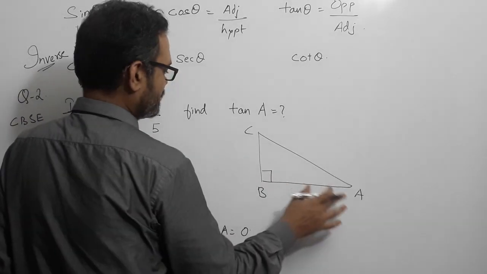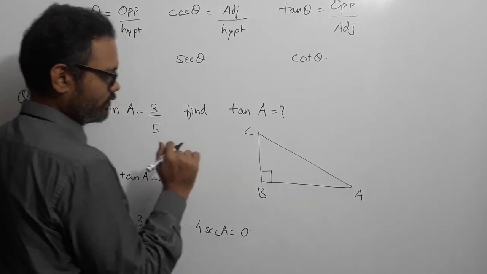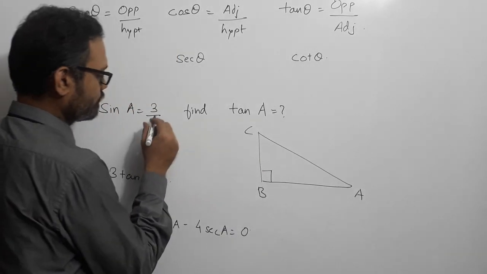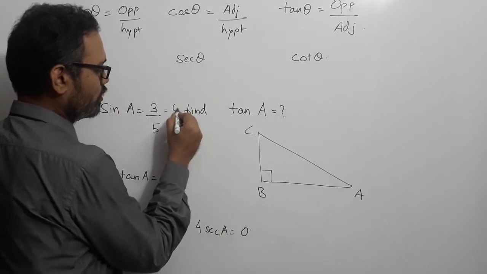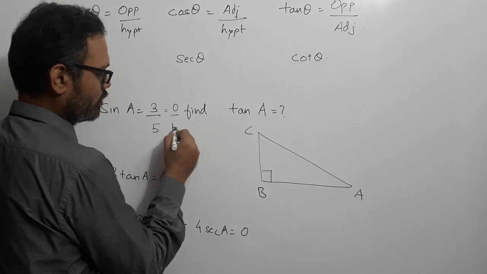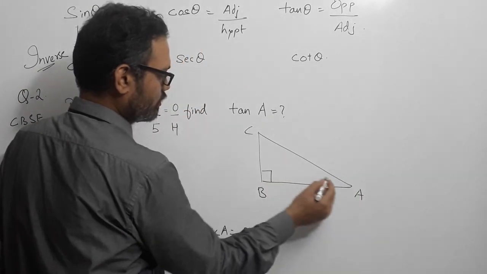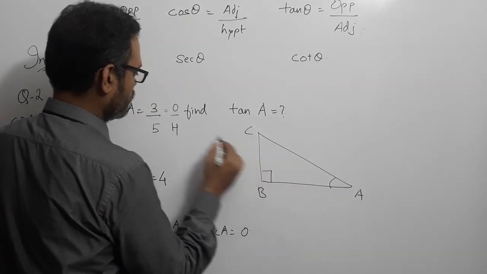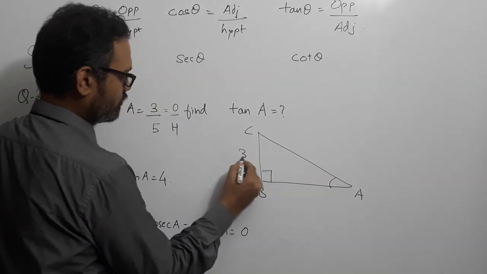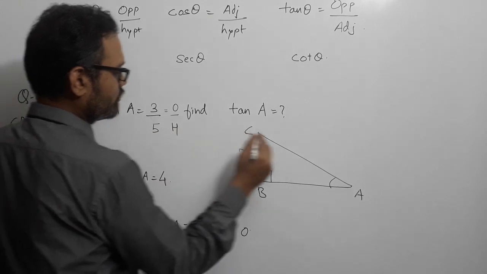So this becomes our triangle. Now they are saying sine A is 3 by 5. What is value of sine theta? Sine theta is opposite upon hypotenuse. So in a triangle they have given opposite is 3, hypotenuse is 5.